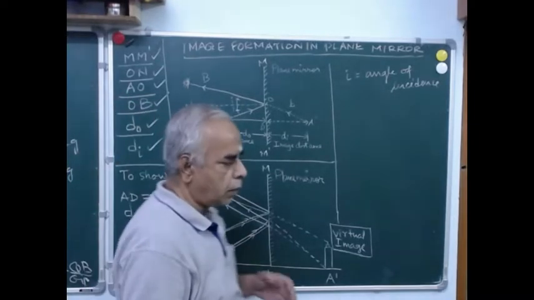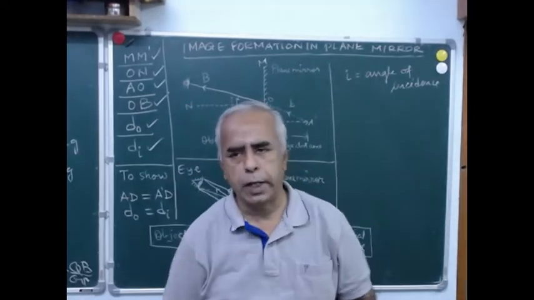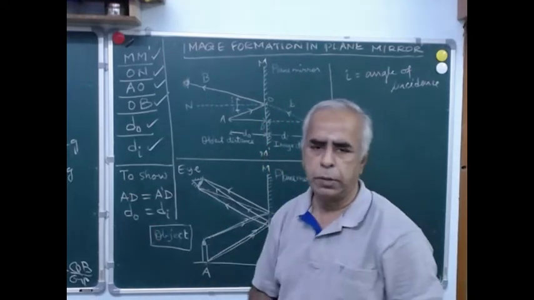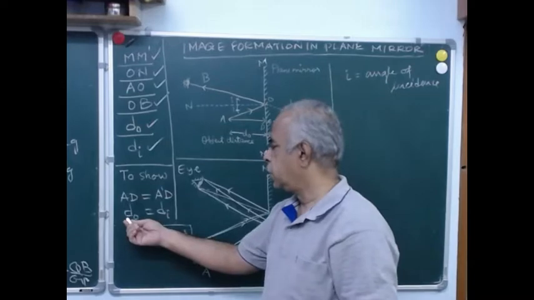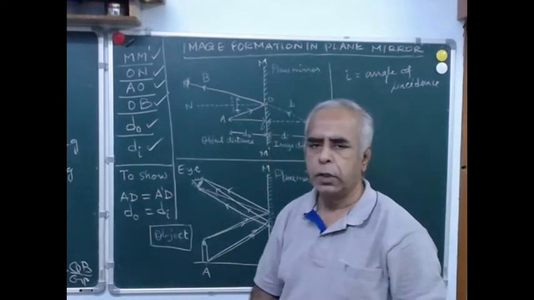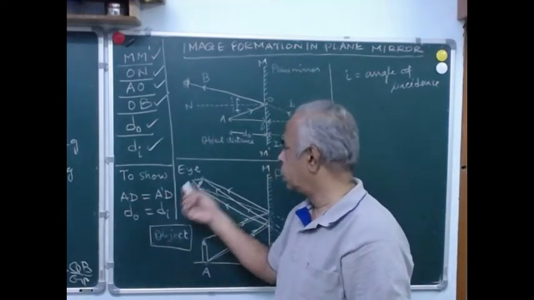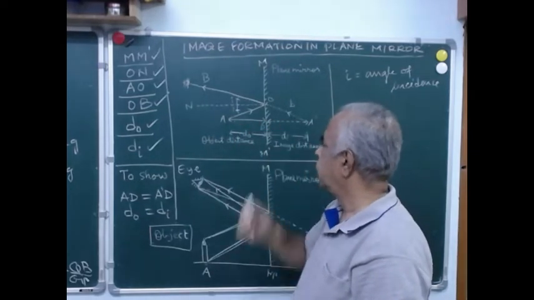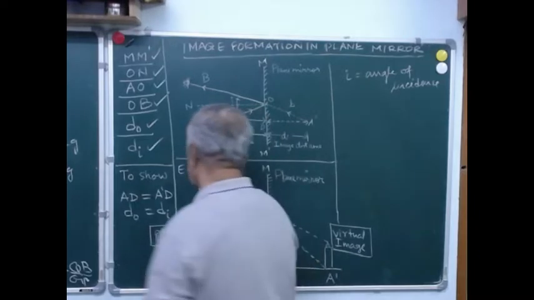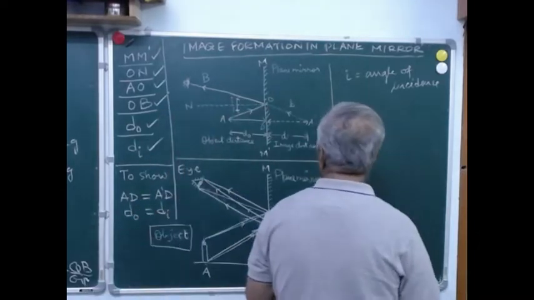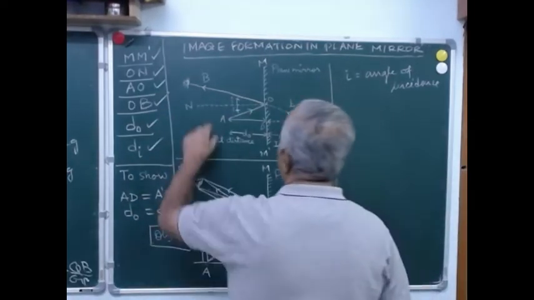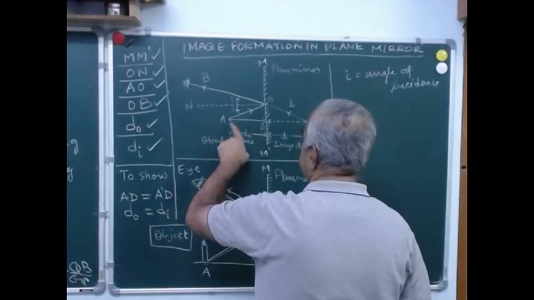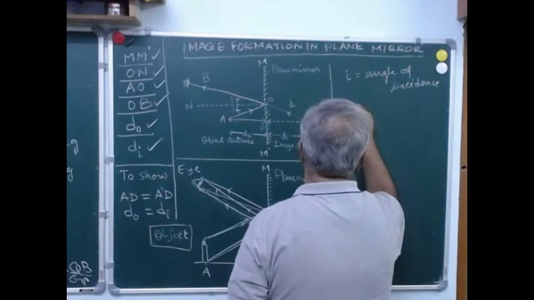Now, our objective is to show that the object distance is equal to the image distance. That is, DO is equal to DI, and as per the diagram, AD is equal to DA dash. Now let us proceed. You have got the parallel lines here: ON and AD are parallel lines.